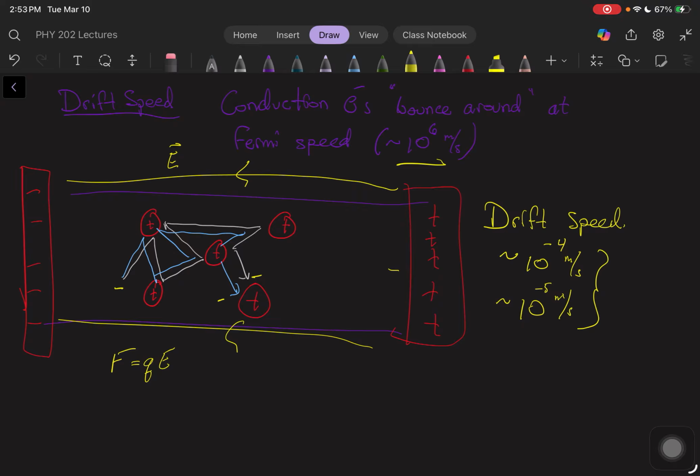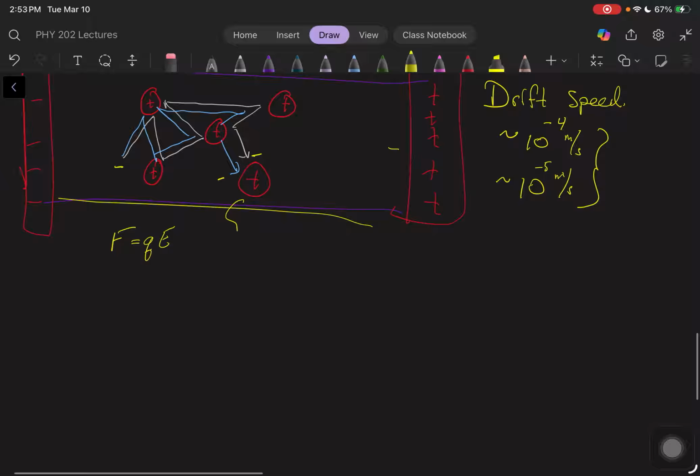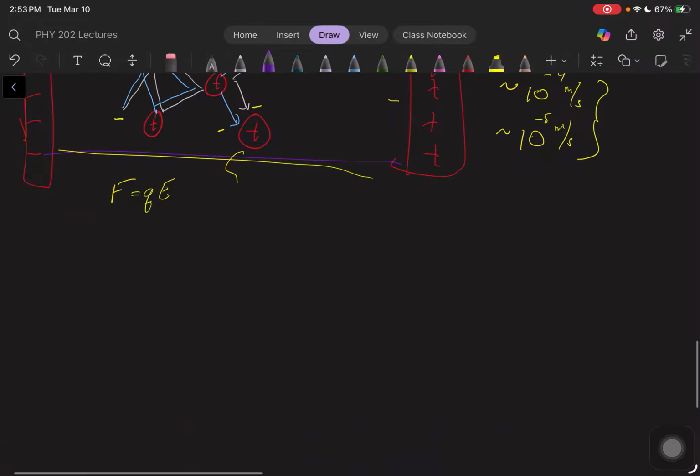Okay, let's go along with how the book tackles this topic briefly. The book says we have some conductor, and we're going to look at some length L. We have some amount of positive charges, and I think the book has the positive charges traveling.